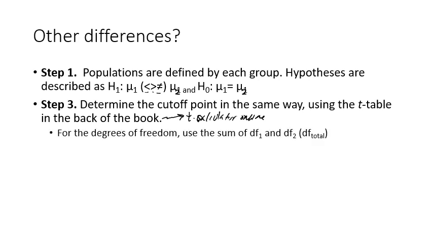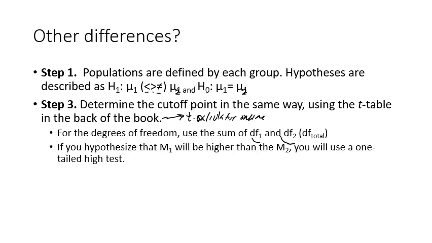And for degrees of freedom, you have two separate samples. So we figure out the degrees of freedom for the first sample, n1 minus 1, degrees of freedom for the second sample, n2 minus 1, and we add them together to get df total. That's what we'll use to figure out the cutoff point.